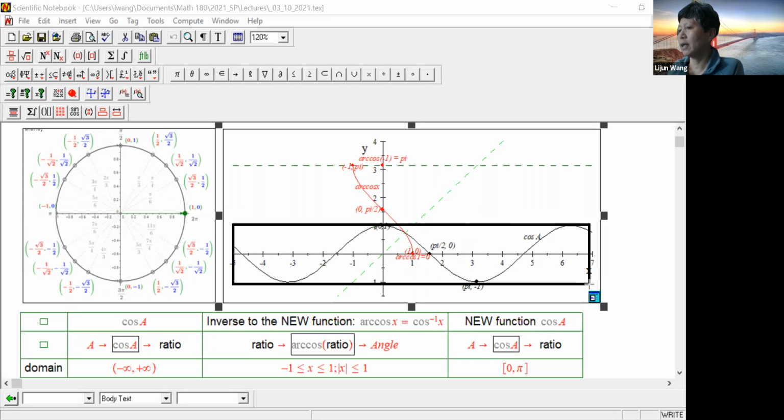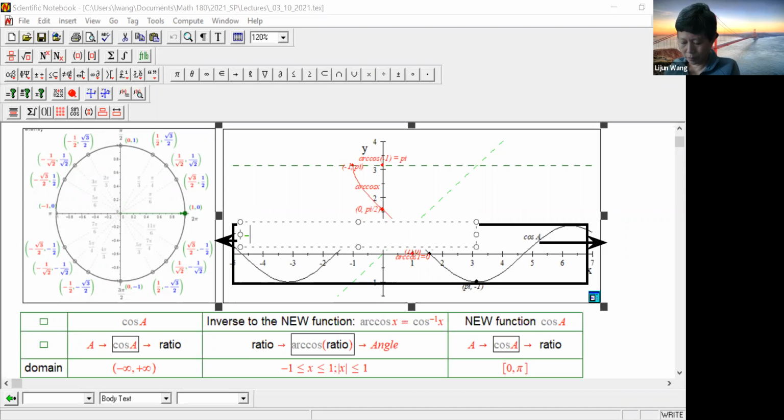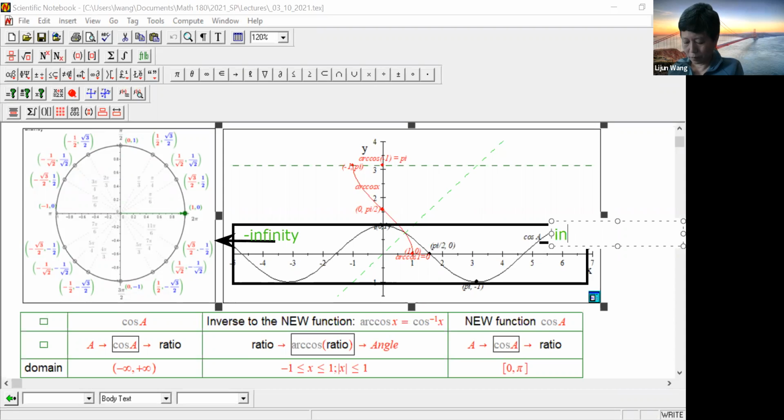You see cosine is boxed, but this doesn't contain it because in this direction, it goes to negative infinity, and in this direction it goes to positive infinity.